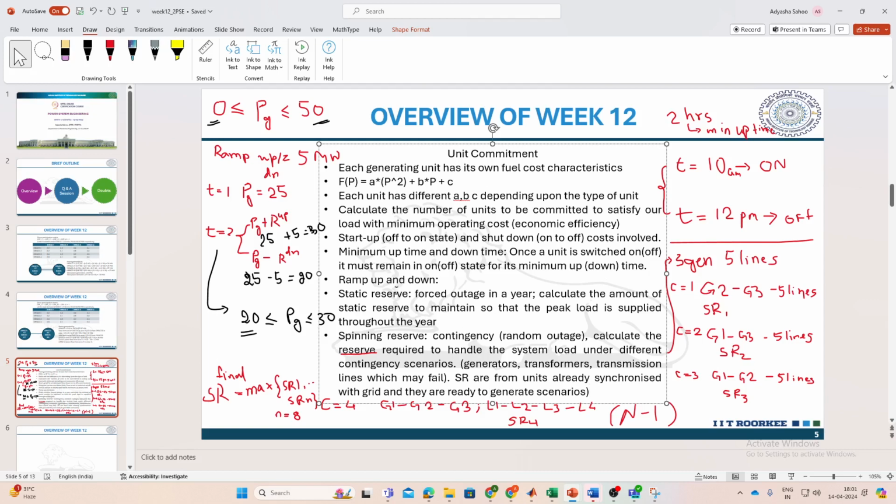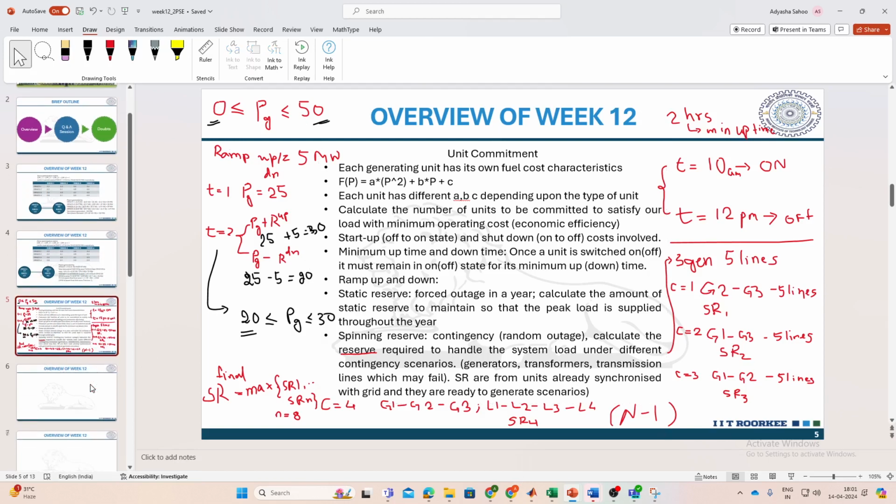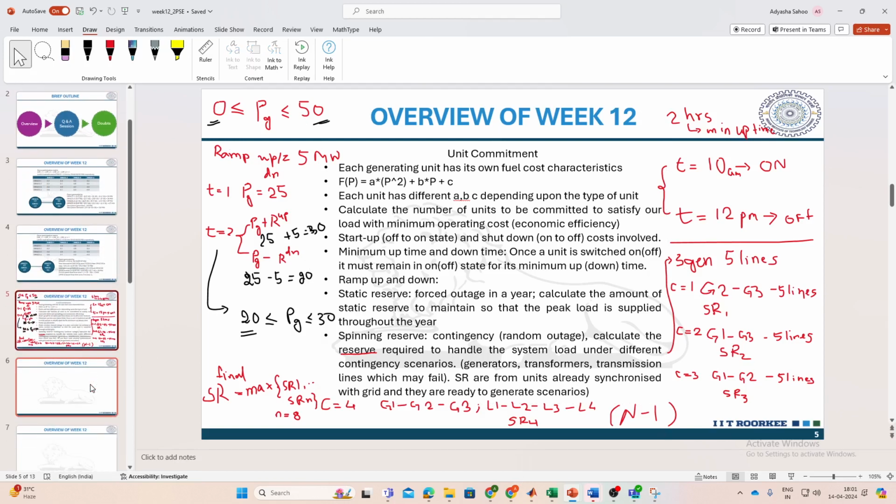So these are some of the constraints which we need to keep in mind while undergoing this unit commitment problem. Due to this, this is a very complex type of problem that we solve. There are various methods for it, and in the class, I think dynamic programming has been explained by Professor Das, and I hope that was clear to you all.